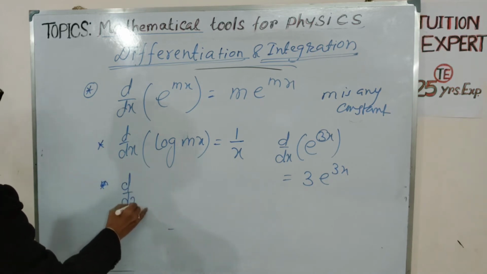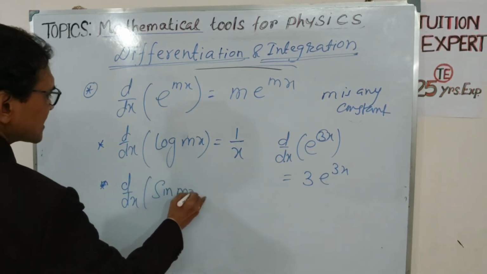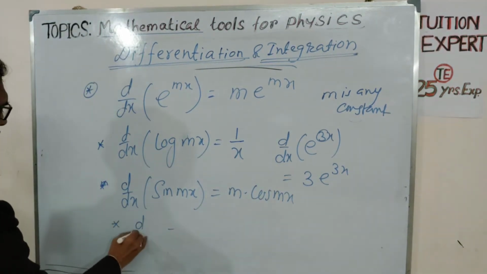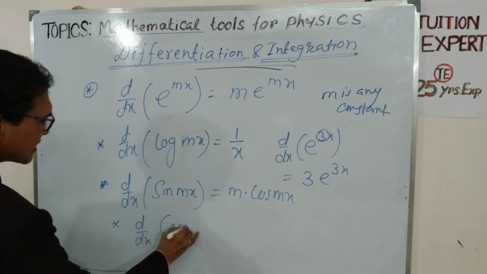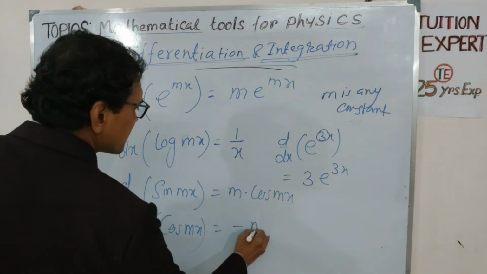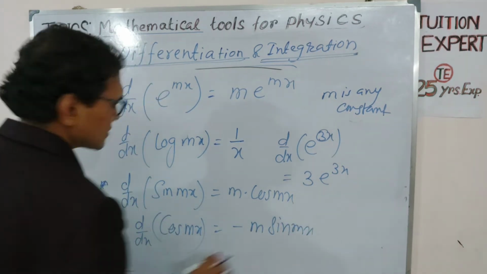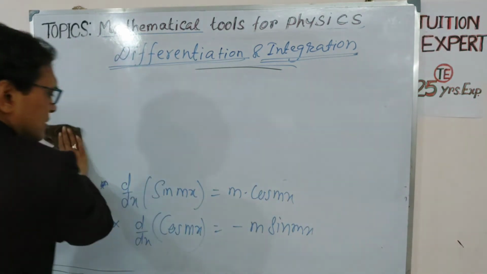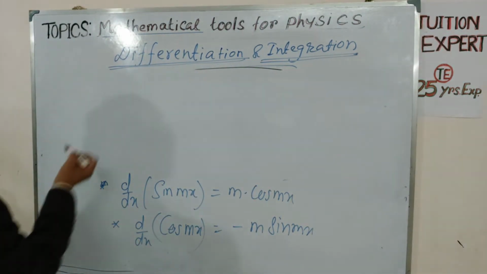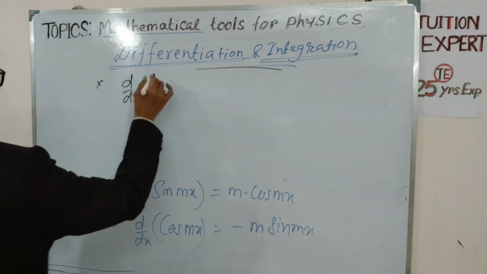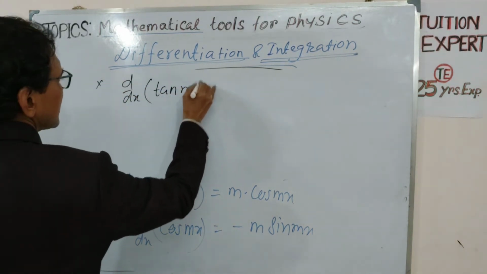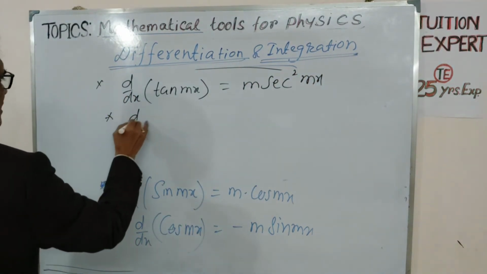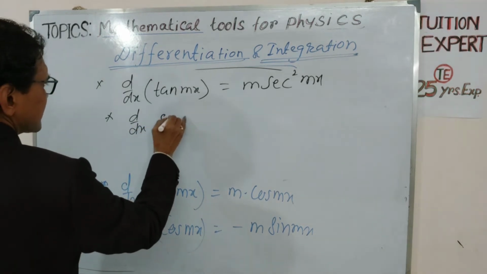d by dx of sin mx equals m cos mx. Differentiation of cos mx equals minus m sin mx. Differentiation of tan mx equals m sec square mx. Differentiation of sec x.